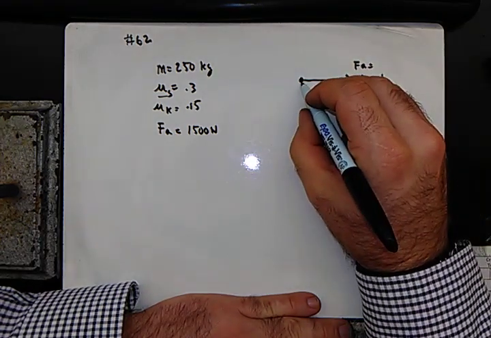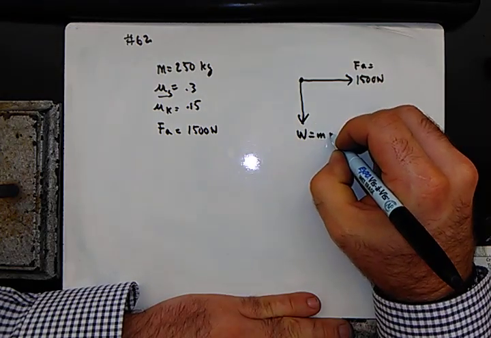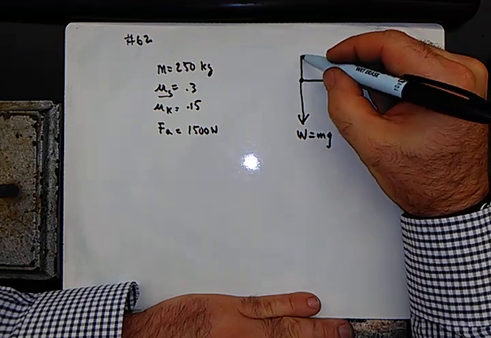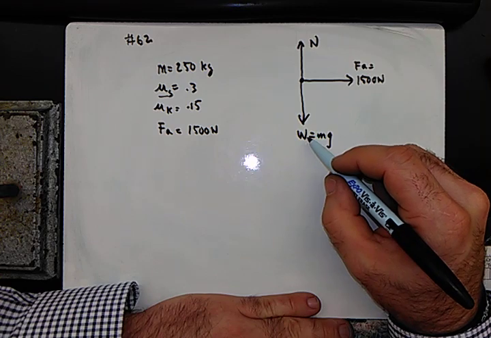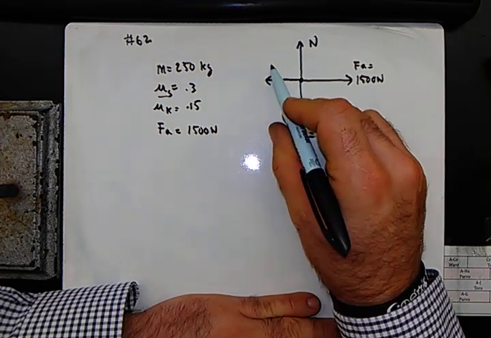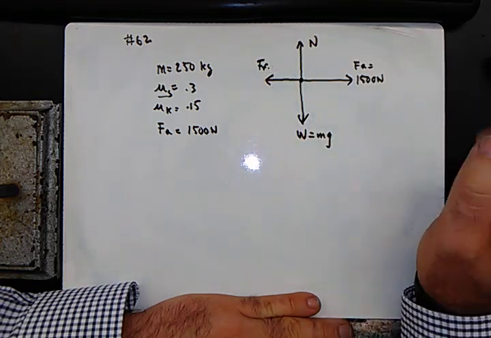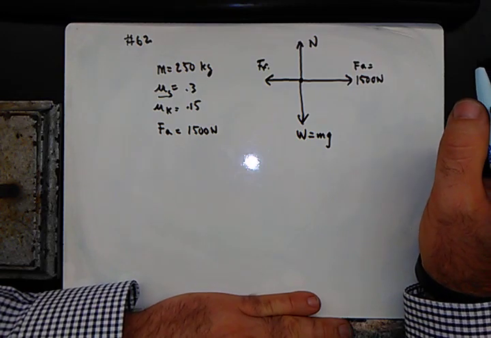We know that it has a weight to it. We know weight is mass times gravity. We know the normal force is equivalent to the weight and in the opposite direction. And we also know that there's going to be some frictional force, a static one, and also a kinetic one once it's moving.